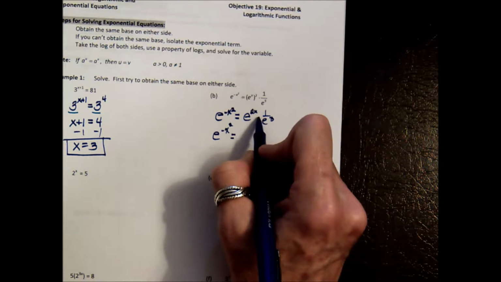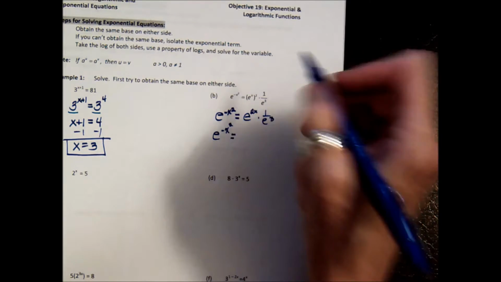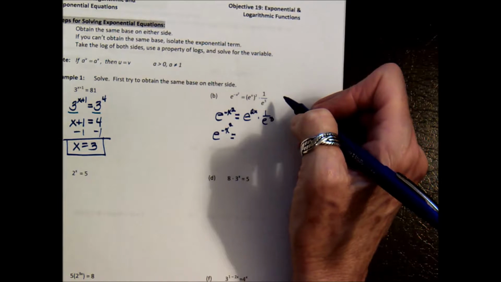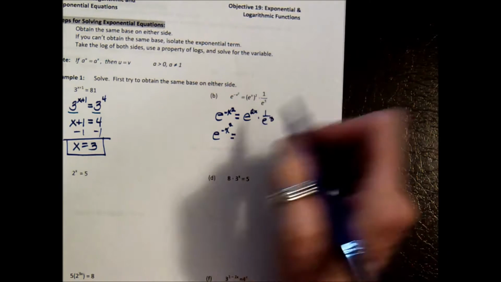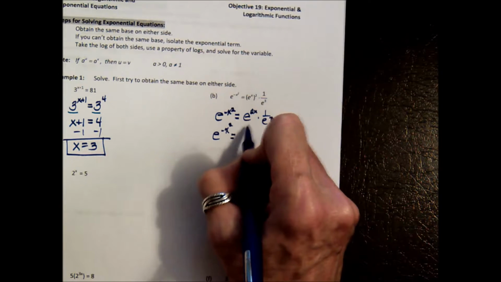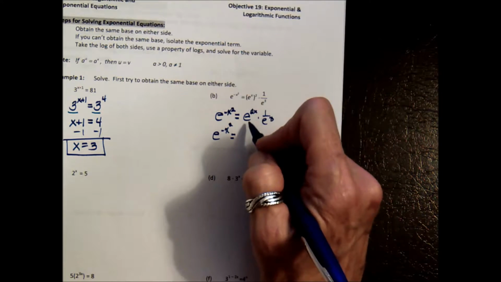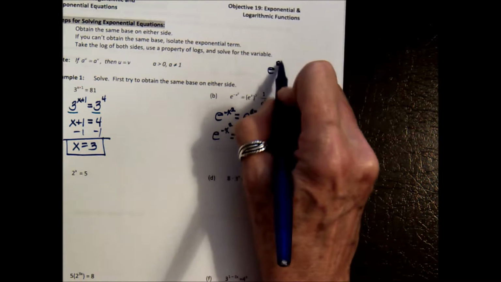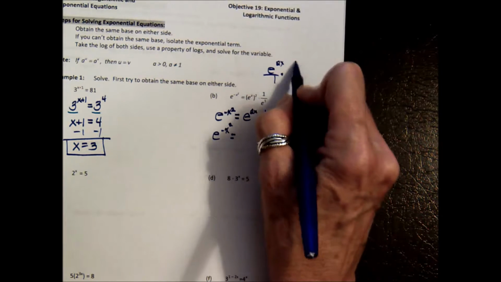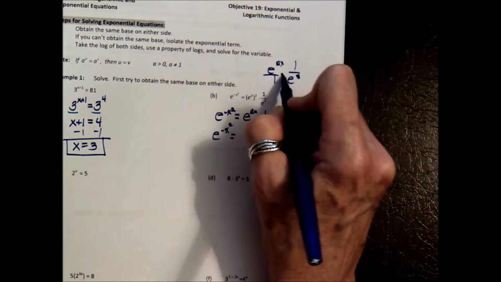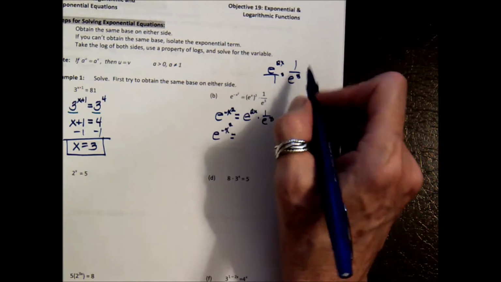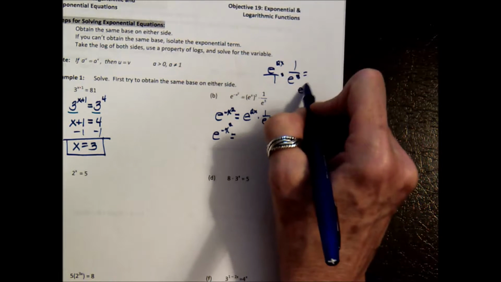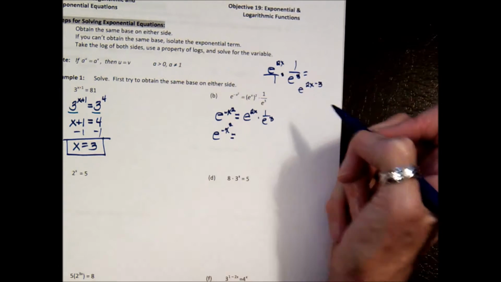Now, how do we multiply like bases? Think about it. If I have e to the 2x over 1 times 1 over e cubed, that is going to be e to the 2x minus 3.